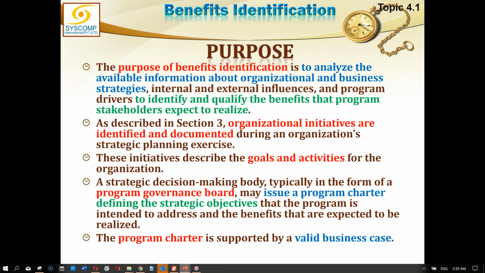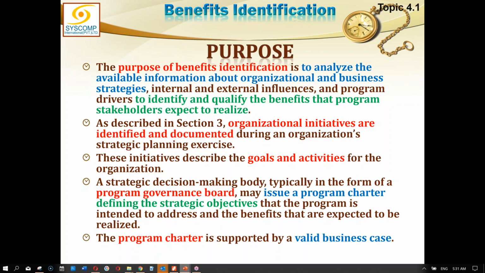If you look at PMBOK very closely, you will find that although we say that the project manager must be involved in creation of the project charter, he is not the author and he is not even the issuing authority. Same is the case here. Program charter is not created by or authored by the program manager.